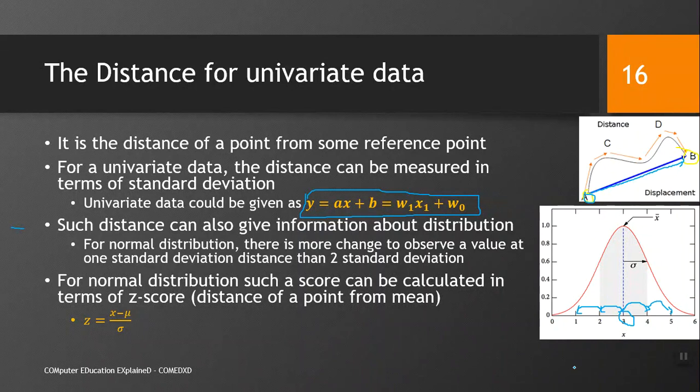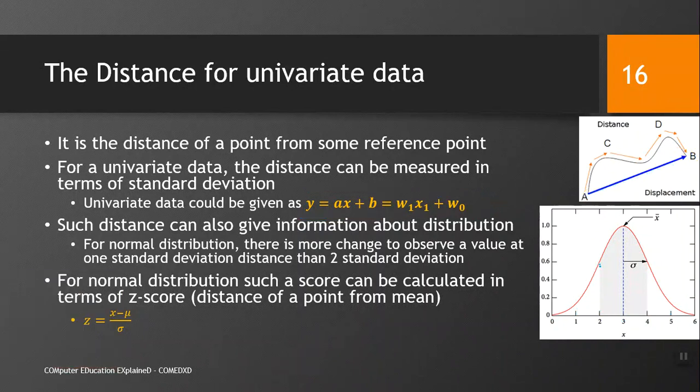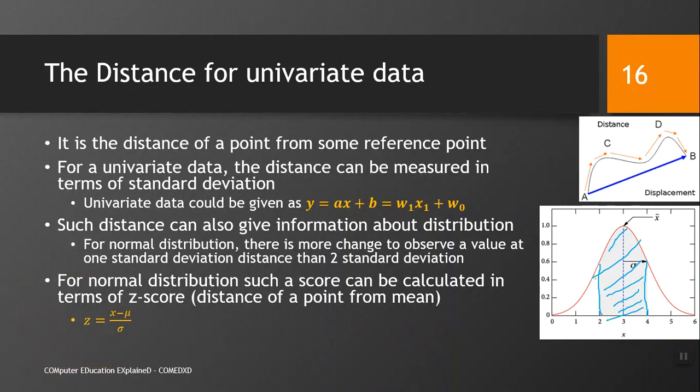Because again we see that the area covered by one standard deviation is more than the area covered by two. This is the area covered by one standard deviation, and this is the area covered by two standard deviations, which is small in size compared to the area covered by one.